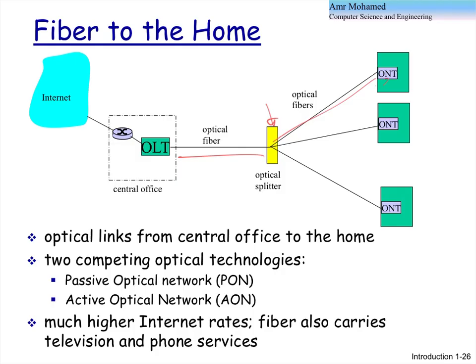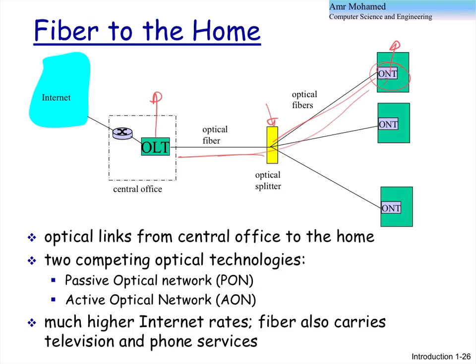Of course the architecture is as follows. Inside the house, you have what we call optical network termination. And here you have optical line termination. The function of each of these is to convert the signal from electrical to optical.